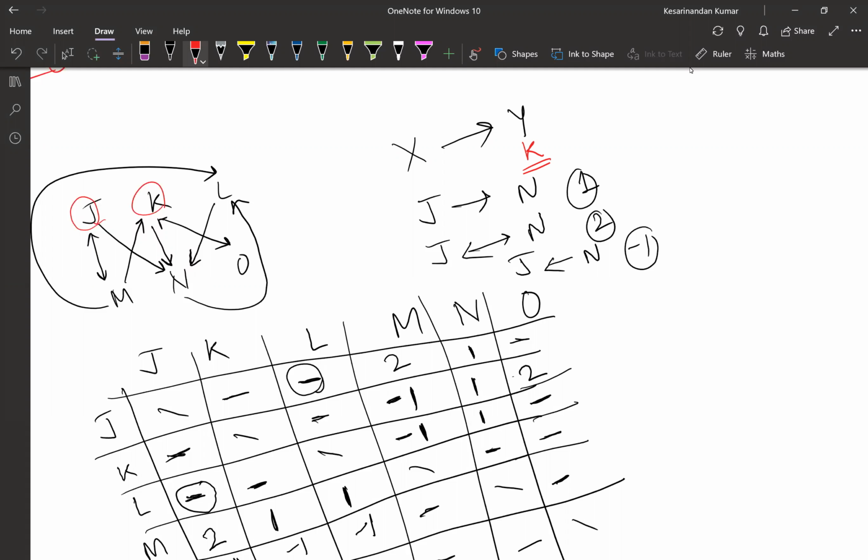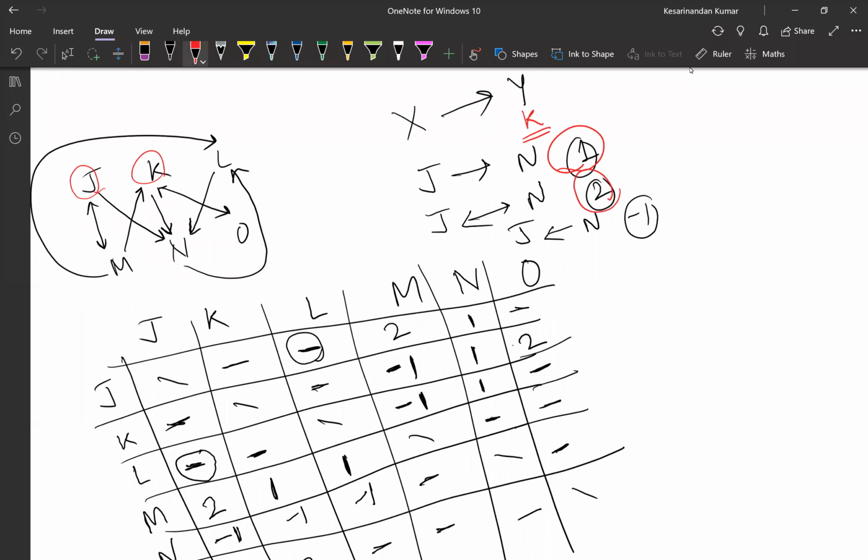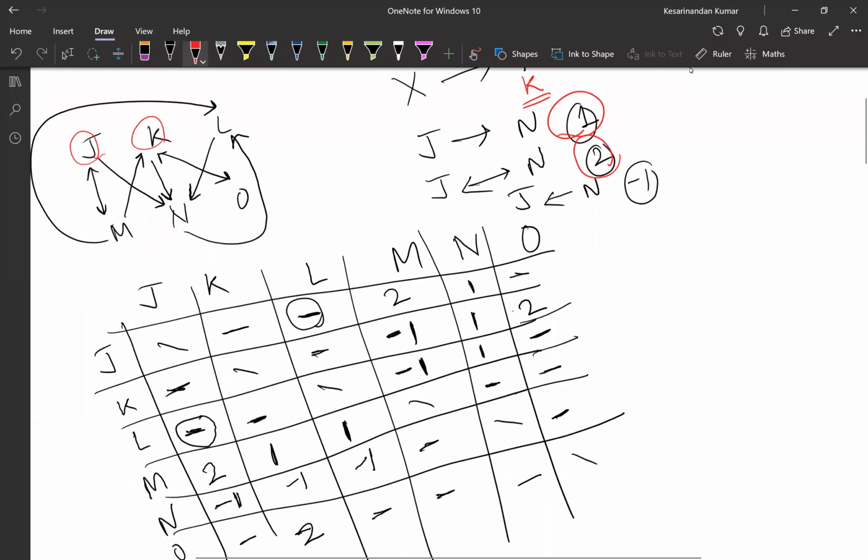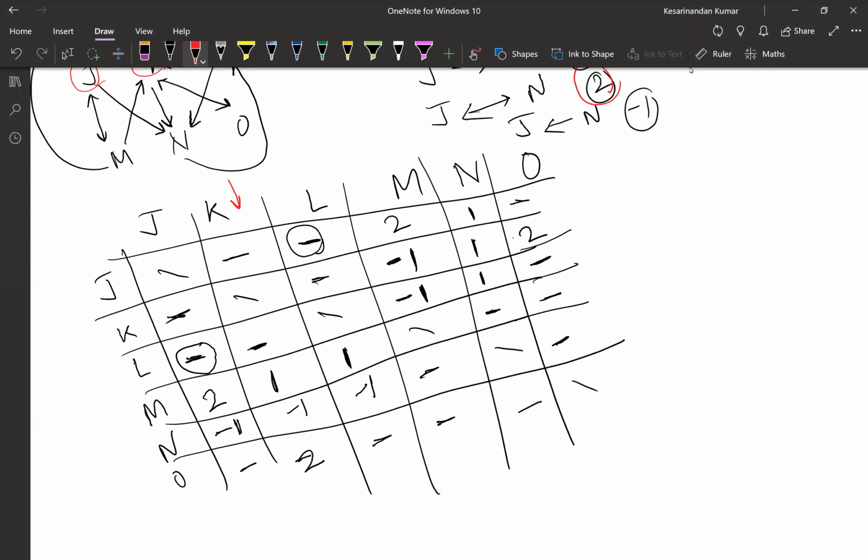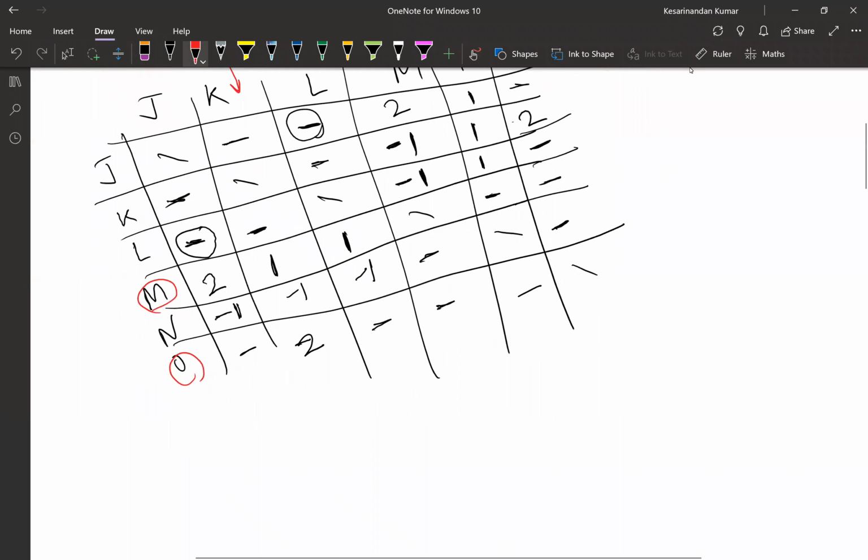We can reach K only when there is a positive 1 or a positive 2 for K. Let's check the column for K. There's a positive 1 or positive 2 in which one? M or O. So K can be reached only from M or O.